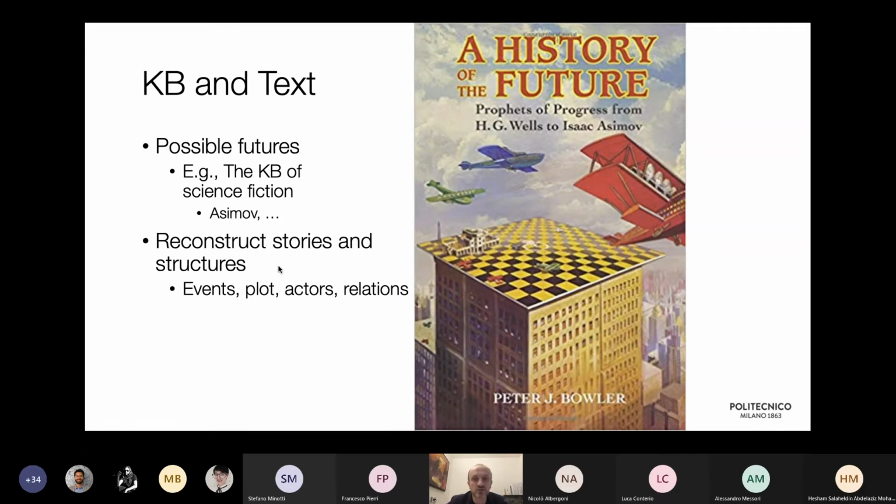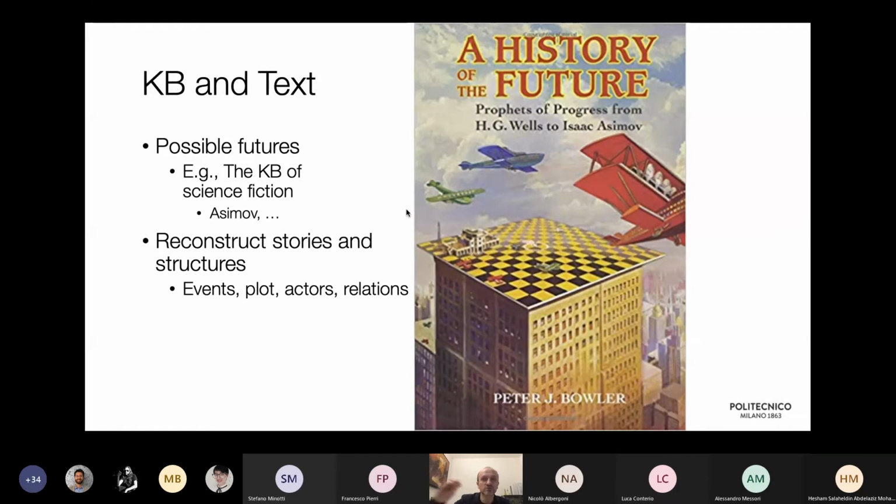So are we able to take, for instance, a novel and build automatically a timeline of the presence of the people, how people interact with each other, what happens, what kind of events occur, in which sequence, and possibly then study not only one single book, but maybe a series of books.